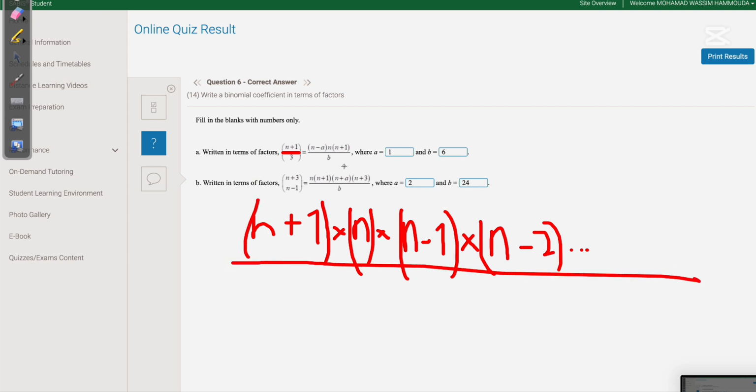Over factorial of 3, which is 6, as we said before, and then the factorial of n minus 2 after simplifying n plus 1 minus 3.